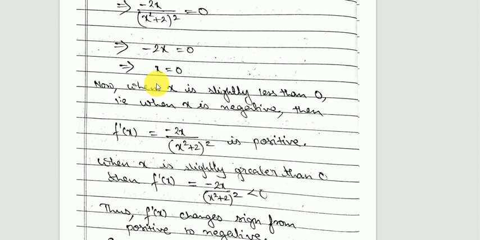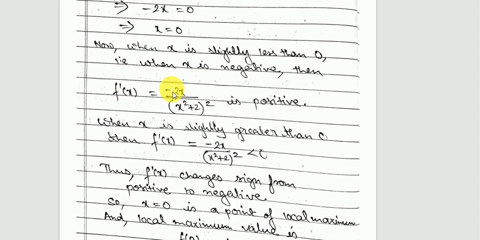By knowing the sign of the derivative. So what we'll do is, for this derivative, this is the derivative that we had got. Now for this derivative, here we can see that x is involved. So in place of x, suppose I put a value which is less than 0.